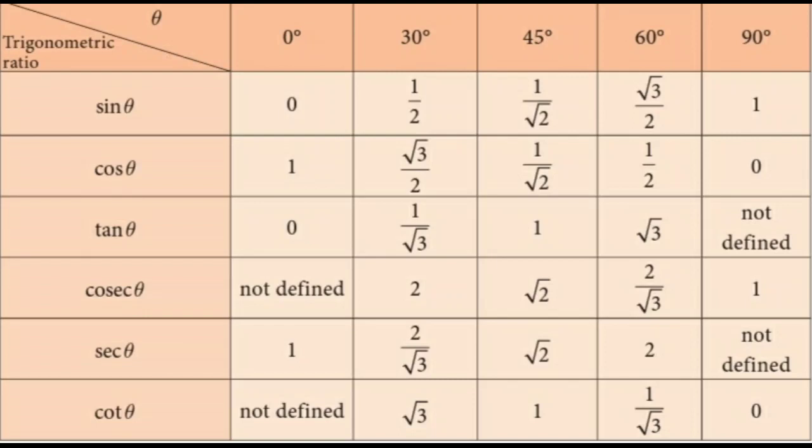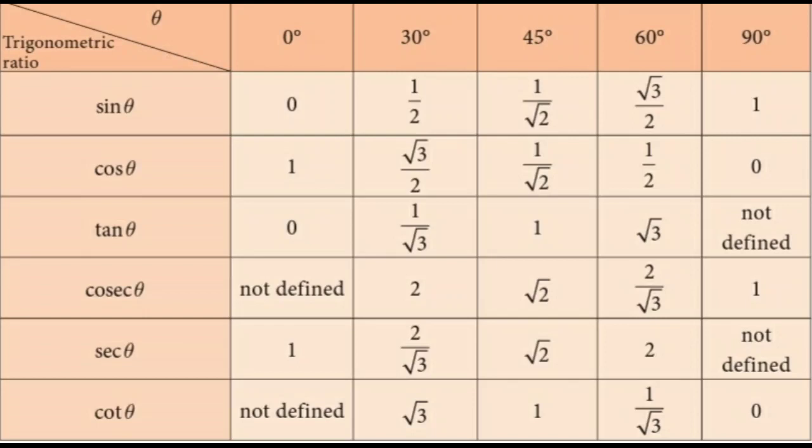And also secant theta, reciprocal of cos theta. Then secant 0 is 1 by 1, which is 1. Then secant 30 degree is equal to 2 by root 3, reciprocal of cos 30 degree.